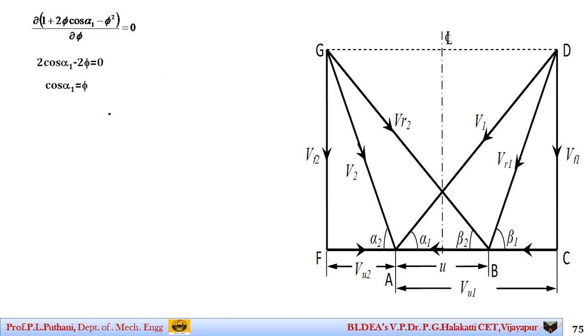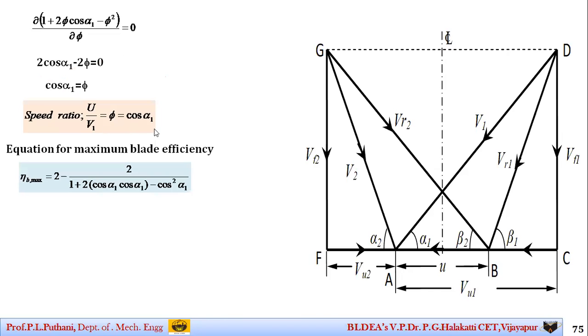So, therefore, I can write it in this form, for the maximum blade efficiency, wherever pi is there, I substitute the value as cos alpha 1.